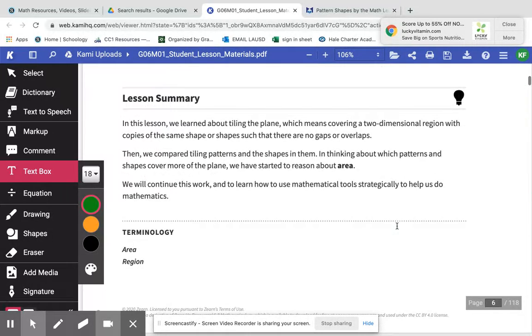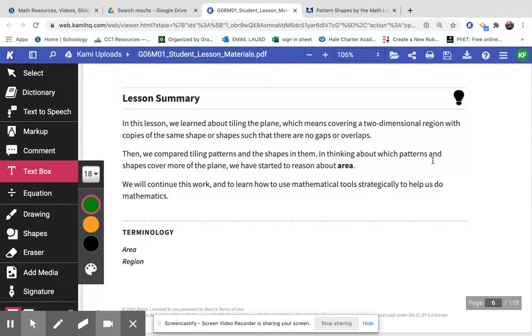Lesson summary. This section is what tells us what we've learned. This is a review before your exit ticket. In this lesson, we learned about tiling the plane, which means covering a two-dimensional region with copies of the same shape or shapes such that there are no gaps or overlaps. Then we compared tiling patterns and the shapes in them.